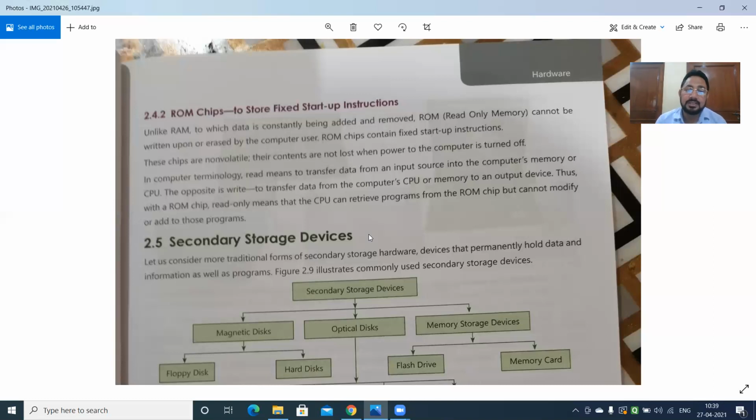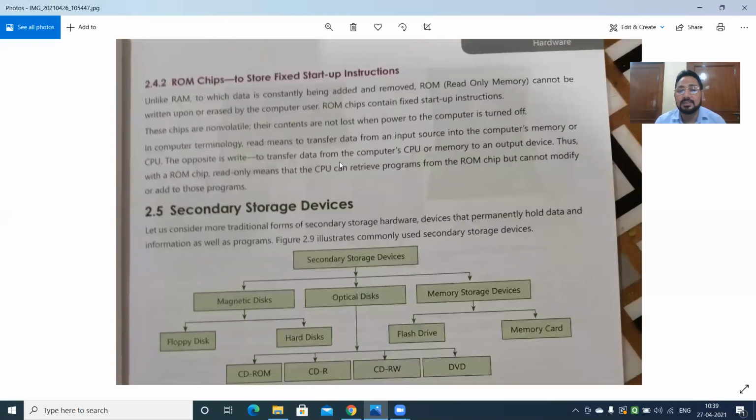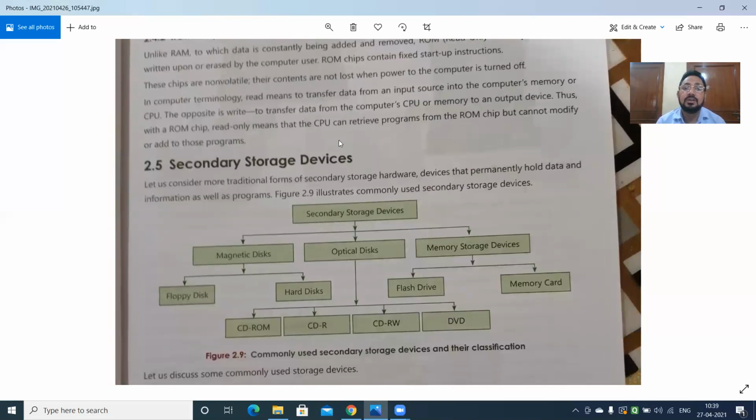So, secondary storage devices. Let us consider more traditional forms of secondary storage, hardware devices that permanently hold data, information, as well as programs. Illustrate commonly used secondary storage devices.